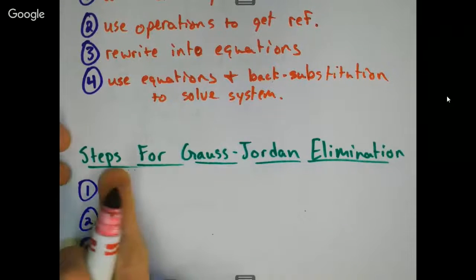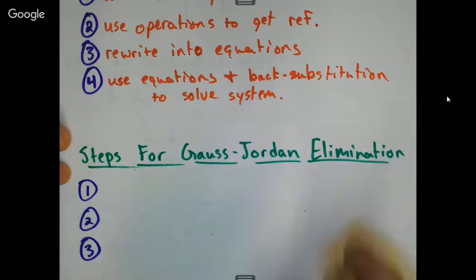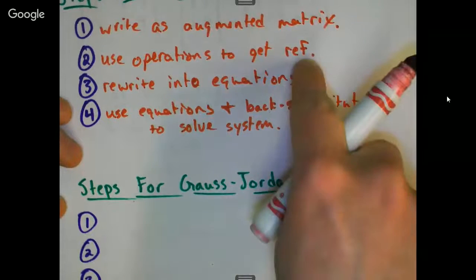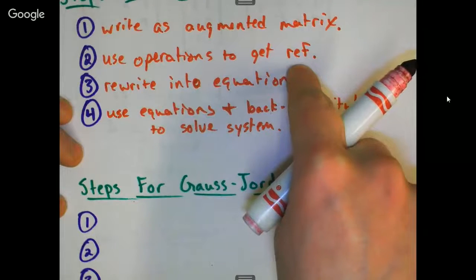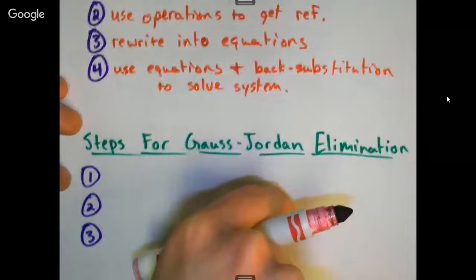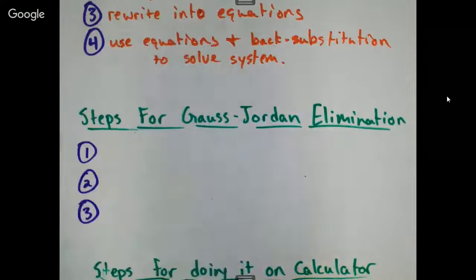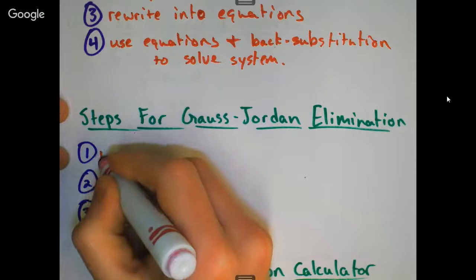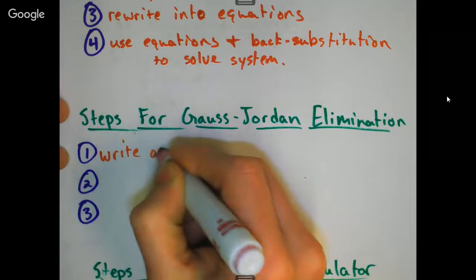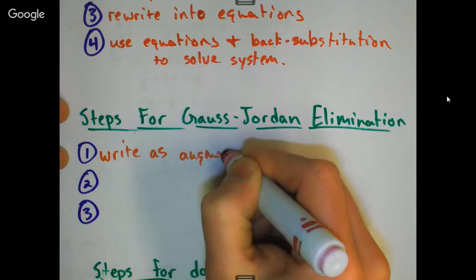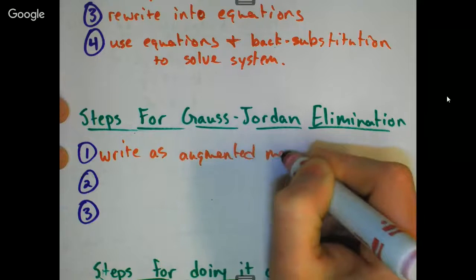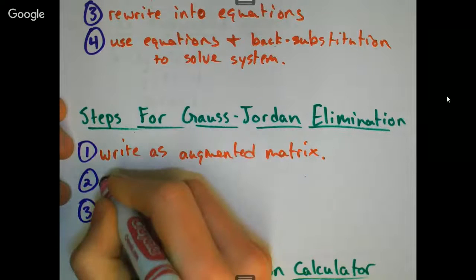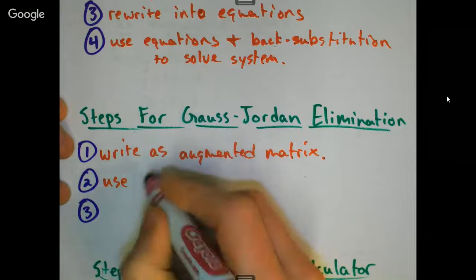Now, the steps for Gauss-Jordan elimination are very similar to these. Okay, but instead of getting REF, now we want RREF. So the steps for Gauss-Jordan elimination are to write it as an augmented matrix. Okay, then you're going to use row operations to get it into RREF.